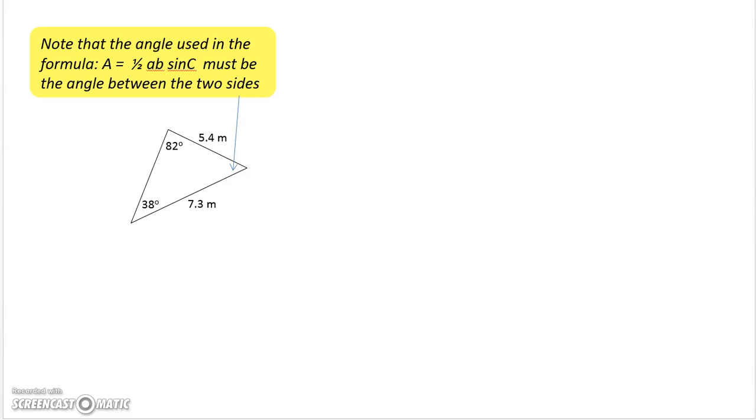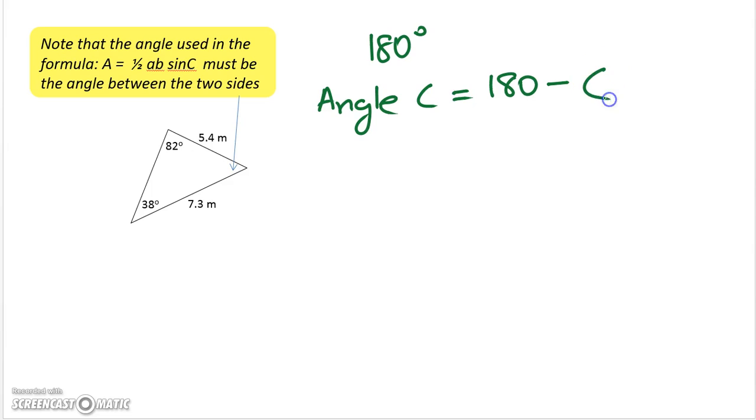So if you recall from high school, to work out the angles in a triangle, remember all these angles add up to 180 degrees. So if we know this one and this and take it away from 180, we can work out this angle. So angle C, which is what we're going to use in this formula, is equal to 180 minus these two angles.